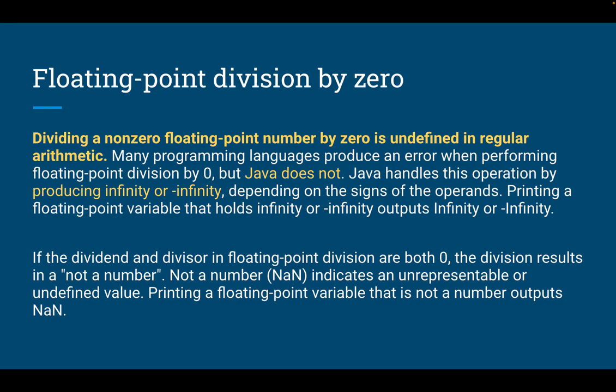All right, this gets into the interesting thing. In Java, dividing a non-zero floating point number by 0 is undefined in regular arithmetic. A lot of programming languages are going to produce an error, but Java doesn't. It just says okay, and Java handles it differently. It produces an infinity or a negative infinity.